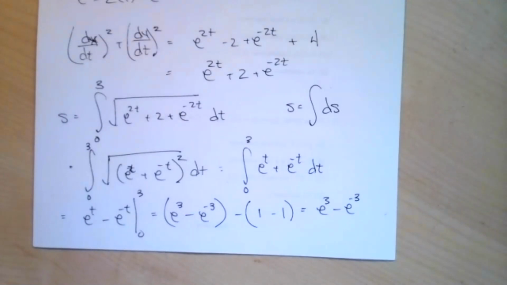So we just get e^3 minus e^(-3). Any questions on that?